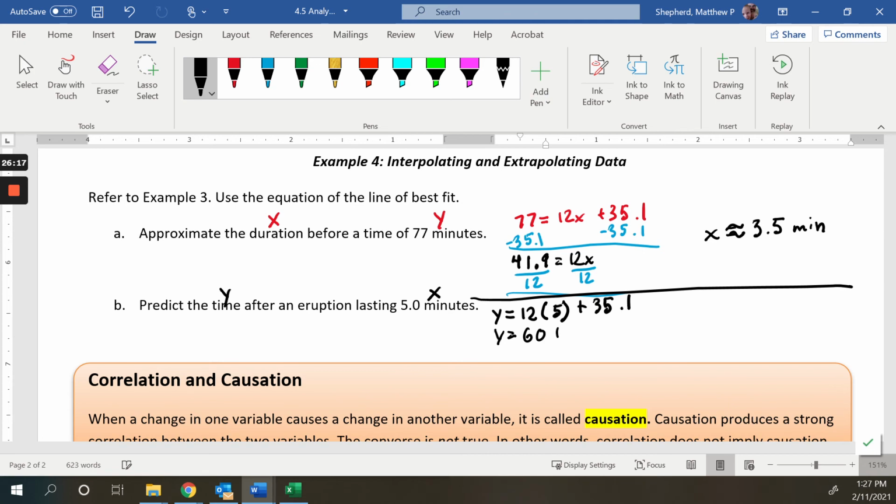So that's 60 plus 35.1. So y is approximately equal to 95.1. So if we did see Old Faithful erupting for 5 straight minutes, we would then predict it'll be 95.1 minutes till the next one.